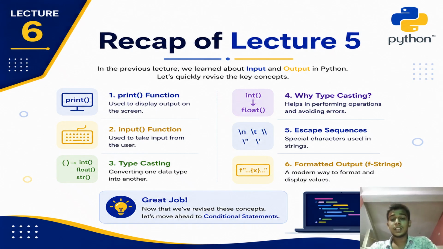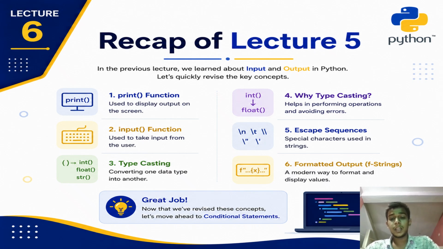Since the input function always returns data as a string, we use functions like int or float whenever we want to perform mathematical calculations on user input. Then we discussed escape sequences. Escape sequences are special character combinations such as \n, \t, and many more, which help us format our output and make it more readable. Finally, we learned about formatted output, also known as f-strings.